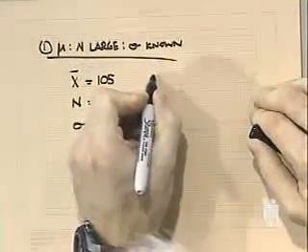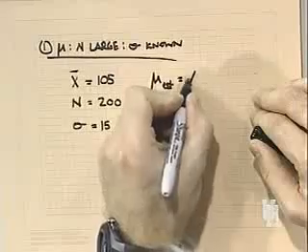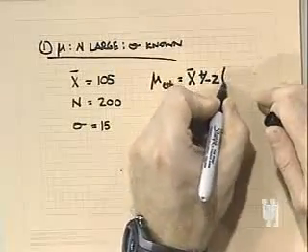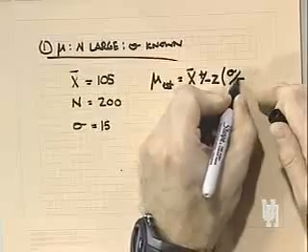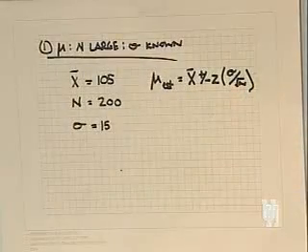This is then just a matter of plug and chug. The formula for estimating mu is X bar plus and minus some z-score multiplied by the standard deviation of the distribution, sigma over the square root of n.